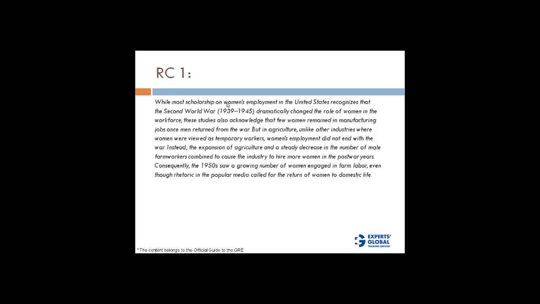While most scholarship on women's employment in the US recognizes the Second World War dramatically changed the role of women in the workforce, these studies also acknowledge that few women remained in manufacturing jobs once men returned from war. Okay, now this is one sentence. So what we're talking about here is that there have been studies in the US based on women employment in wartime.